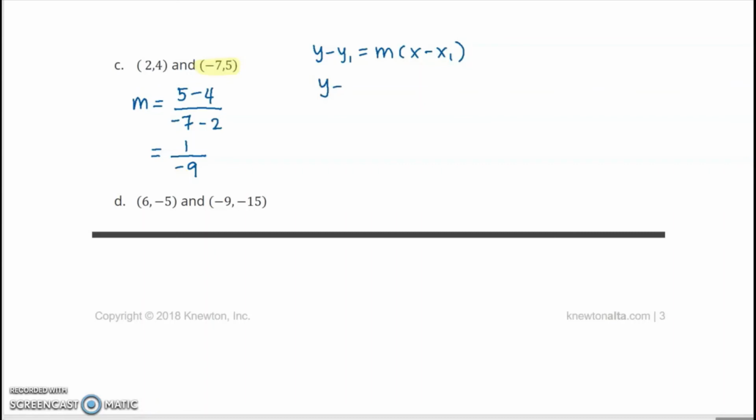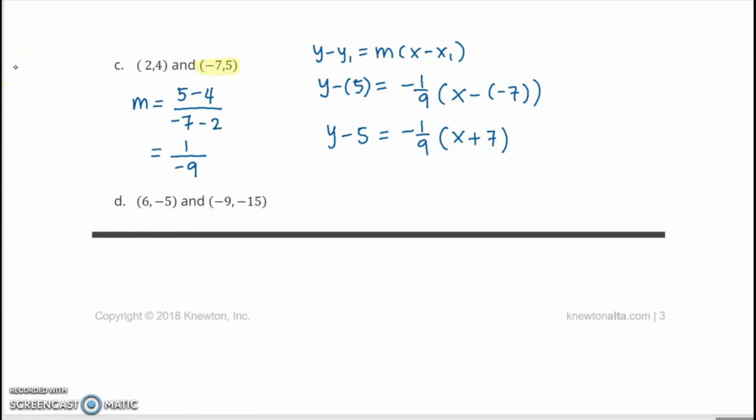So I'll have y minus 5 is equal to m, which is negative 1 over 9, times x minus negative 7. And then you simplify this. So you have y minus 5 is equal to negative 1 over 9. The double negatives become plus, so that is x plus 7.